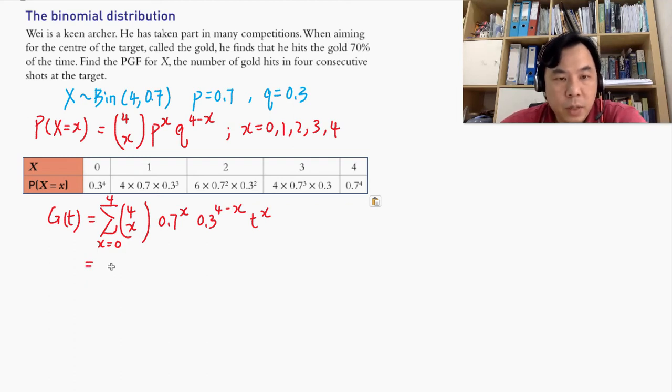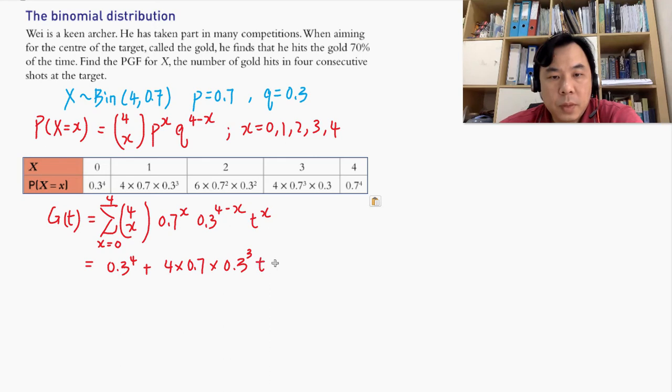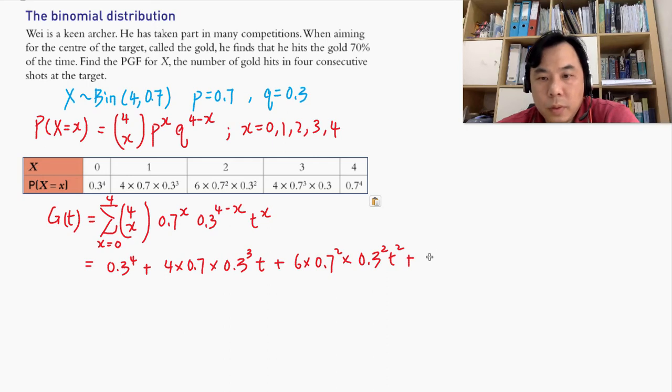Now in its detailed form, it looks something like this: 0.3 to the power of 4, plus 4 times 0.7 times 0.3 cubed, times t, plus 6 times 0.7 squared times 0.3 squared, t to the power 2, and after that we have 4 times 0.7 cubed times 0.3, t to the power 3, and lastly we have 0.7 to the power of 4, t to the power 4.